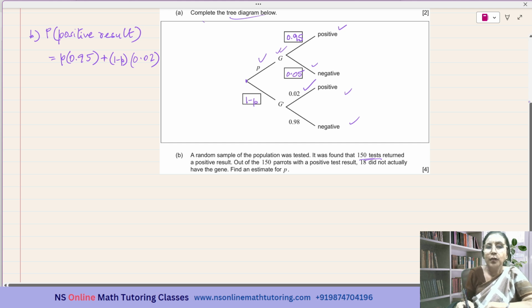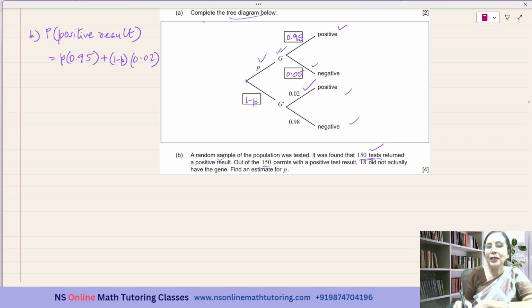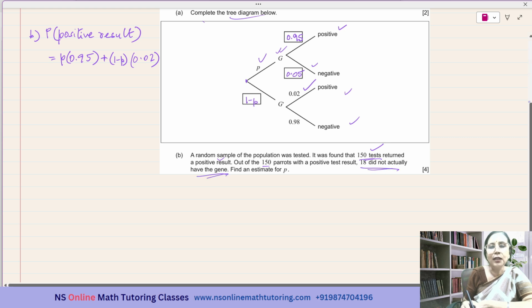So it was found that 150 tests returned a positive result. It can be a false positive, it can be a true positive. Out of the 150 parrots with a positive test result, 18 did not actually have the gene, so they were the false positive case.